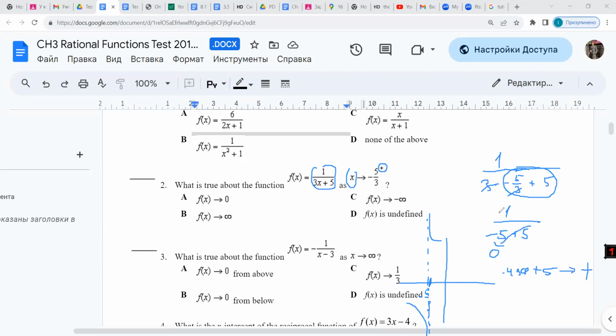Which means if we divide 1 by this very small positive number, we're going to get positive infinity. So my choice would be B in this case. Any questions about this? I'll wait.